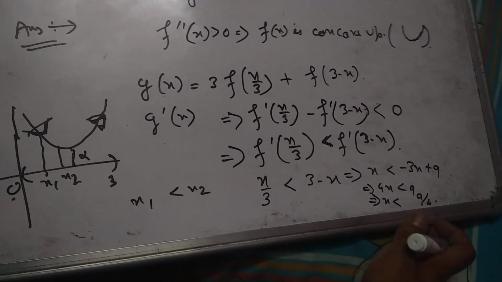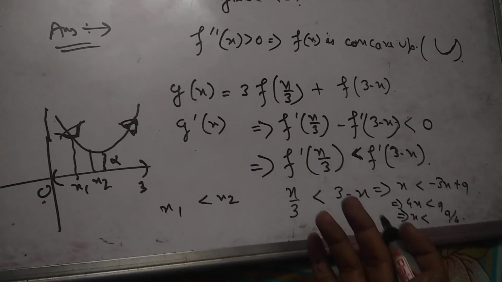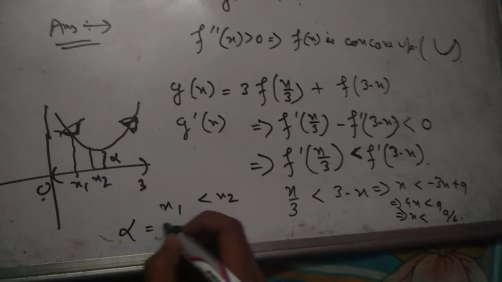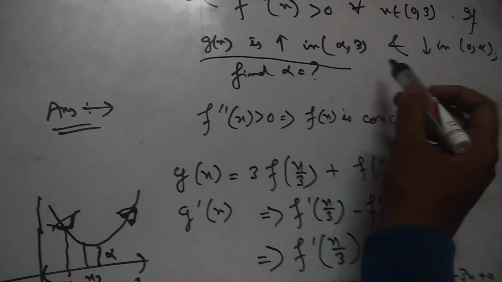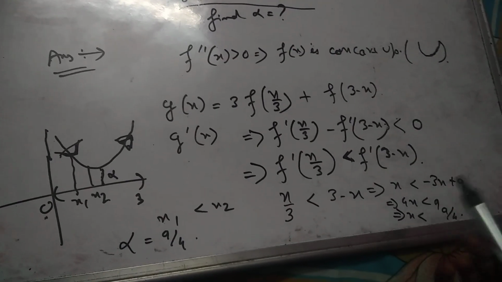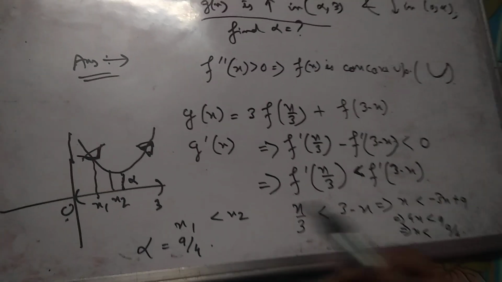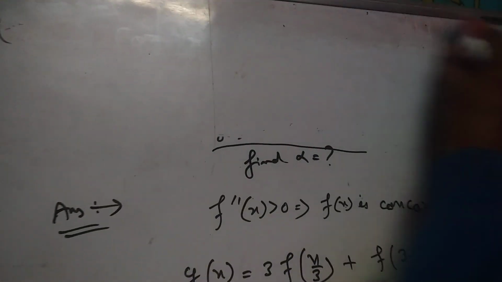So that is enough to say that alpha is nothing but 9 by 4. We need not calculate for increasing because 0 to something, it's already there. So alpha is 9 by 4. All right, I hope you understood it. Chalo, let's move to the next question.